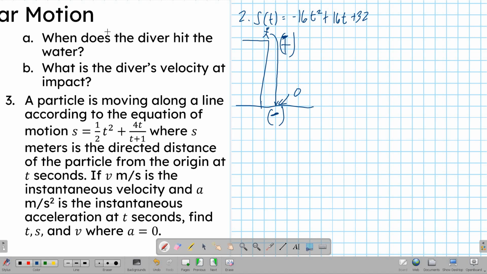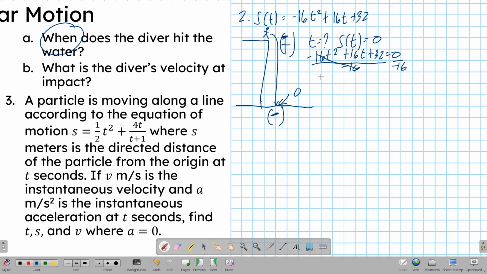That means we have to solve for t when s of t equals 0. Therefore, we have to solve negative 16t squared plus 16t plus 32 equals 0. I'm going to divide everything by negative 16 so it's easier to solve.